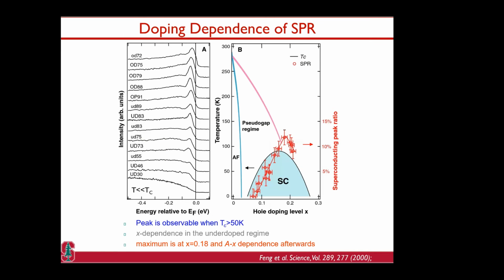One of the things, this actually is 20 years ago, is this basic phenomenology that you can see in the single particle spectral weight of the coherence peak, which we call the quasi-particle spectral weight. You find that in this underdoped regime, there is a slope.